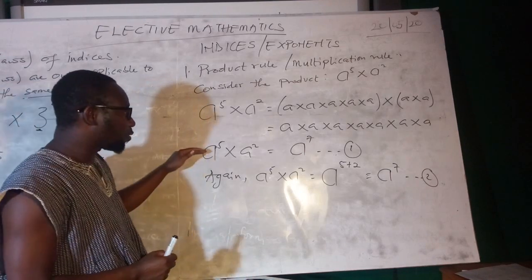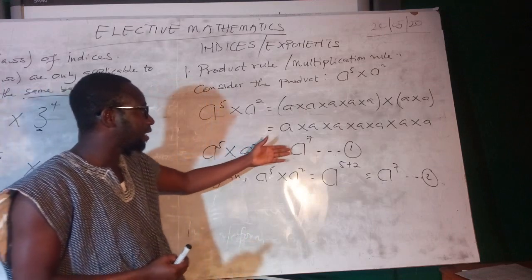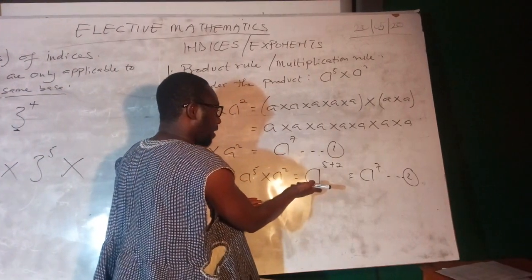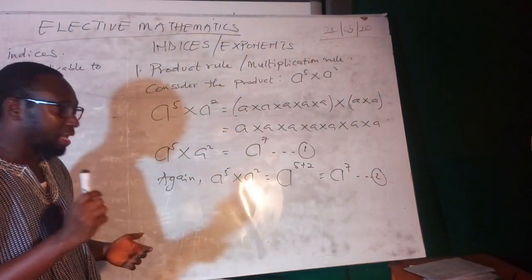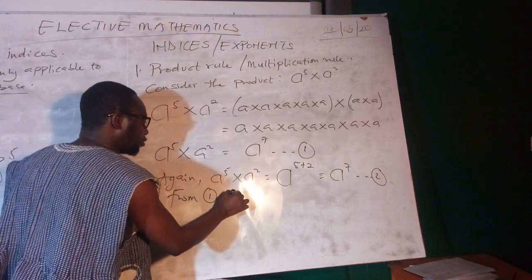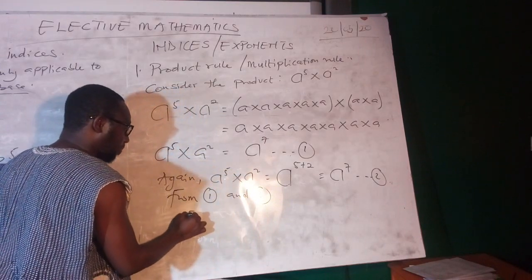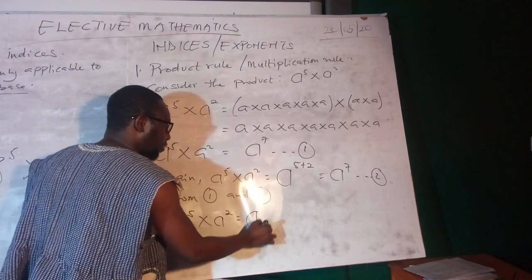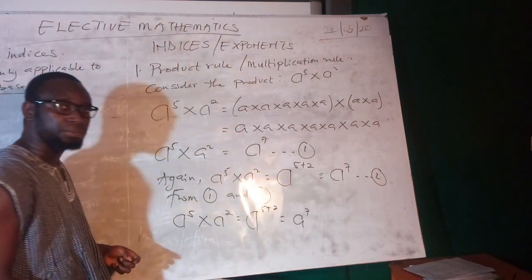Now looking at the two equations, we know that when we have a exponent 5 multiplying a exponent 2, we are getting a exponent 7. But then we also state that when we have a exponent 5 plus 2, we also get a exponent 7. So in effect, we can say that from equations 1 and 2, a raised to the power of 5 multiplying a raised to the power of 2 is the same as a raised to the power of 5 plus 2, which is the same as a raised to the power of 7.